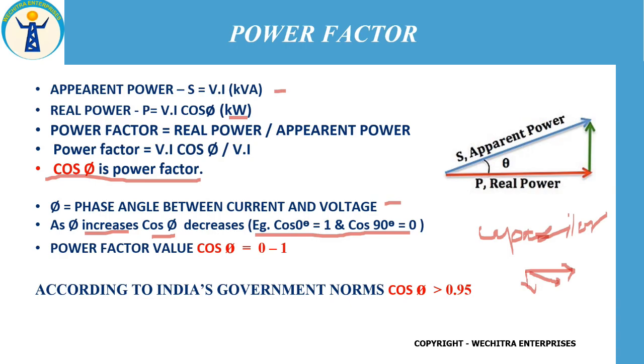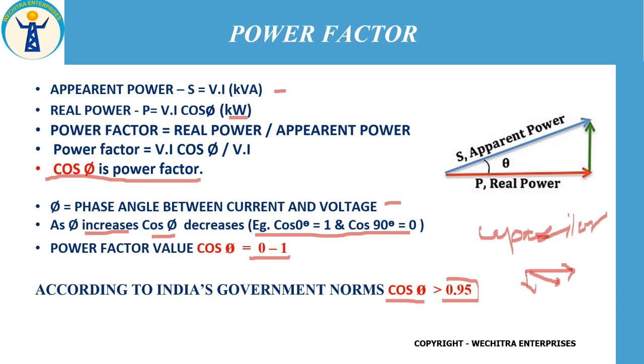So this is the reason why we use capacitors, because a capacitive load generates a leading power factor, and an inductive load is lagging. The power factor's value will be from 0 to 1, and it should be as near to 1 as possible.